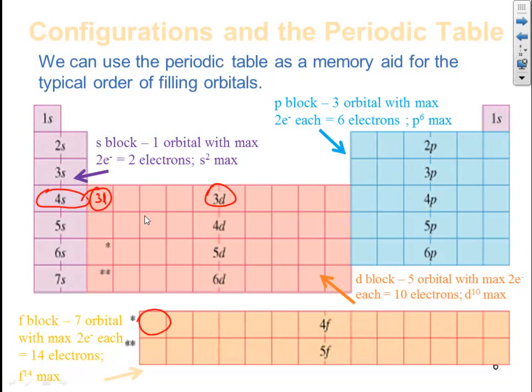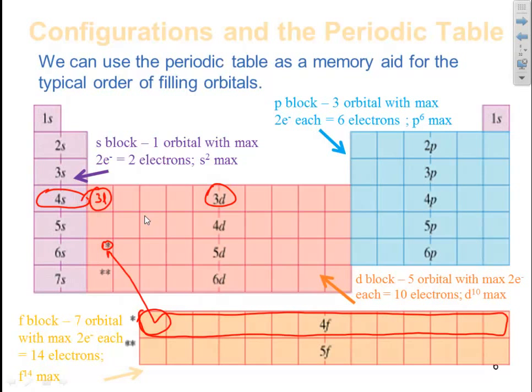Same thing right here. See this star? All the 4fs go right here before you get to that next d block. So here's 4d, 5d, 6d. Right here, your 5d2. You're going to go from 5d1 and do all the f block before you do 5d2.